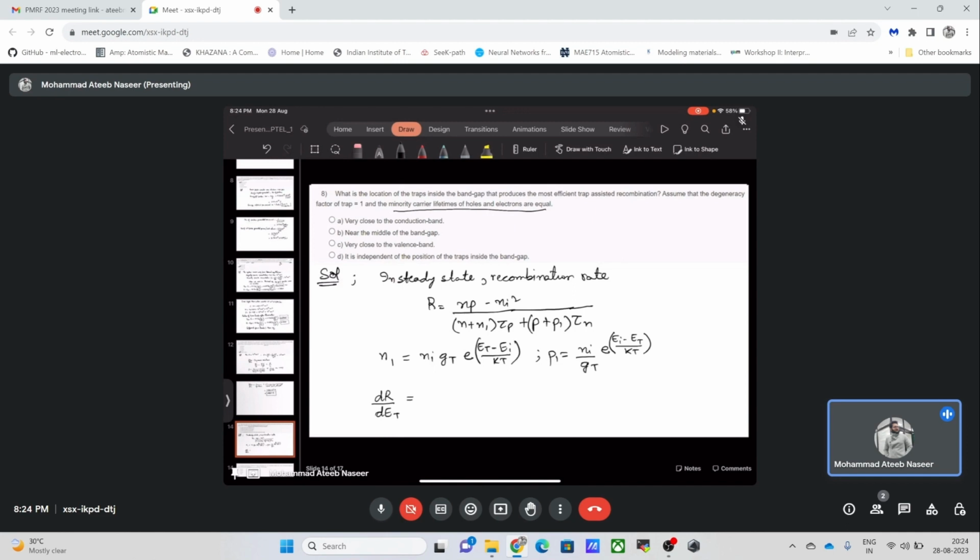So I would put dR/dEt equal to 0. Now if I differentiate this equation, only n1 and p1 are functions of the trap level. The rest are independent of the trap energy level.